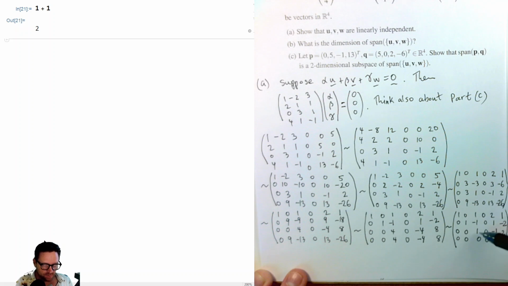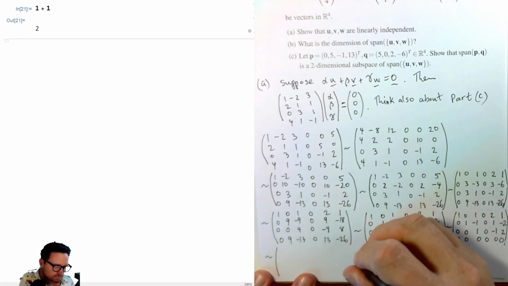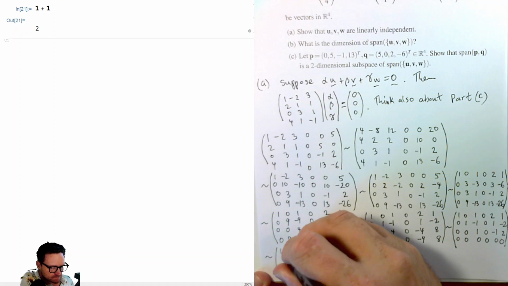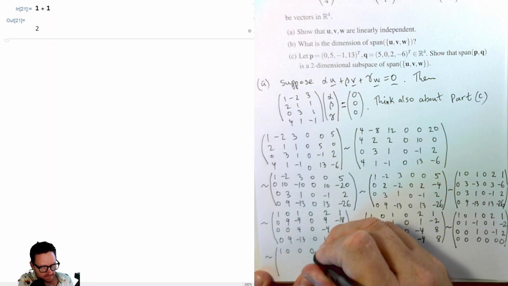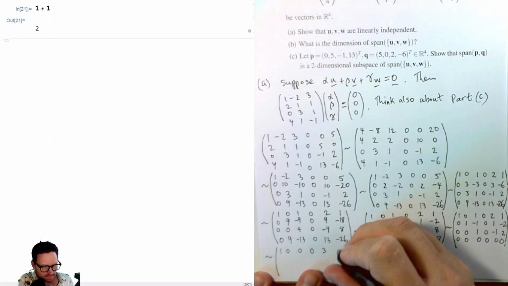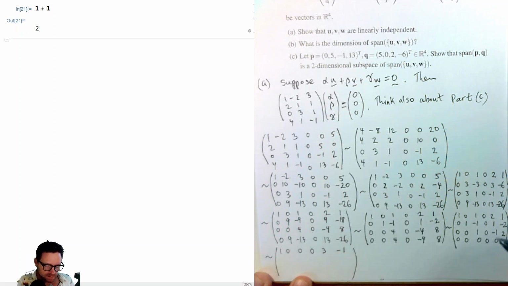Okay, good. And now we can deal with the third column. And so let's replace row 1 with row 1 minus row 3. Let's replace row 2 with row 2 plus row 3.